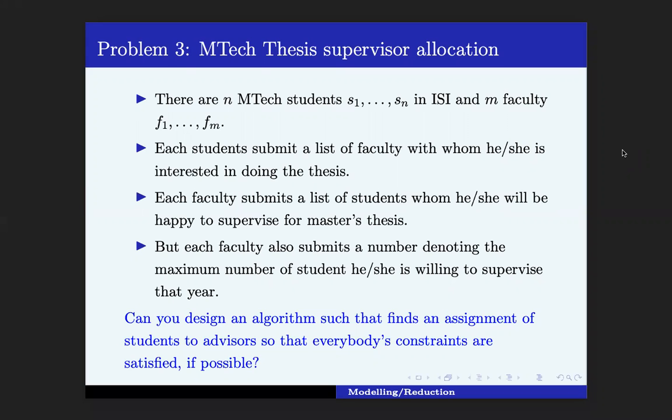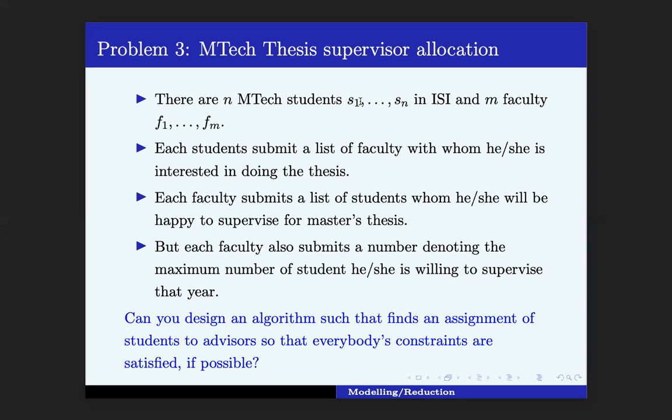And now your job is to figure out whether it is possible to come up with an allocation of students to faculties such that everybody's wishes are maintained.